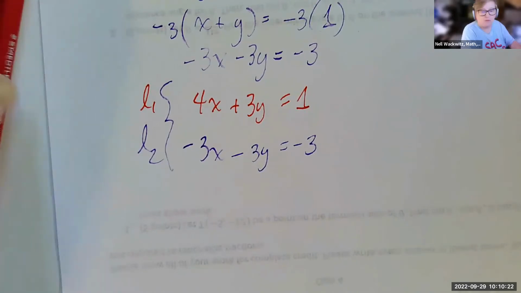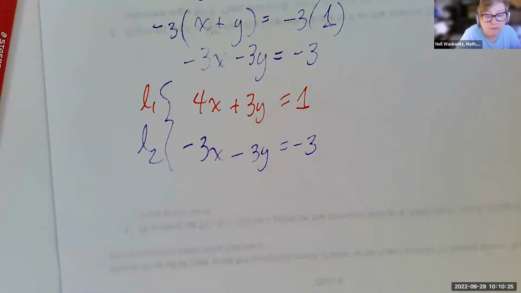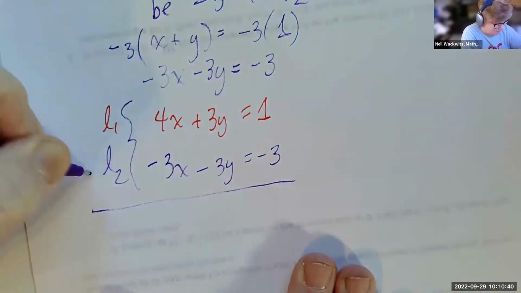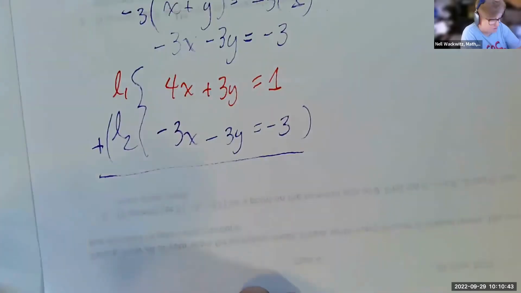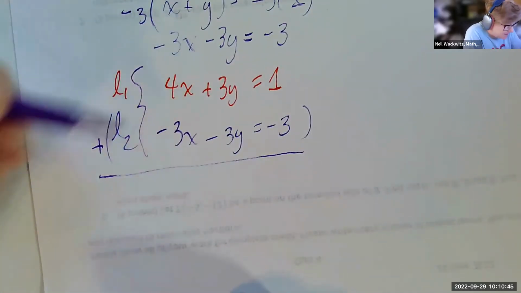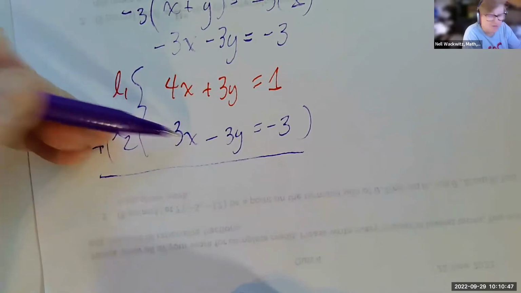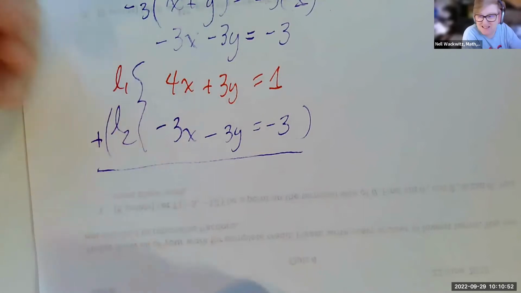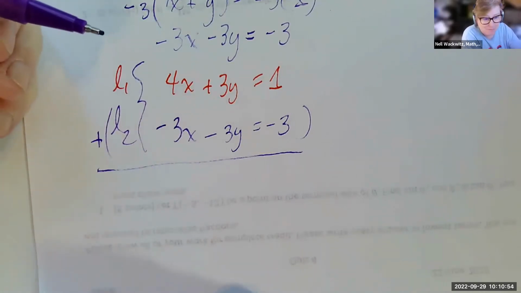And at this stage, what do we do? We have to eliminate a variable. Right, and how do we do it? We add. Excellent. So I'm going to say 4x plus -3x, that gives x.